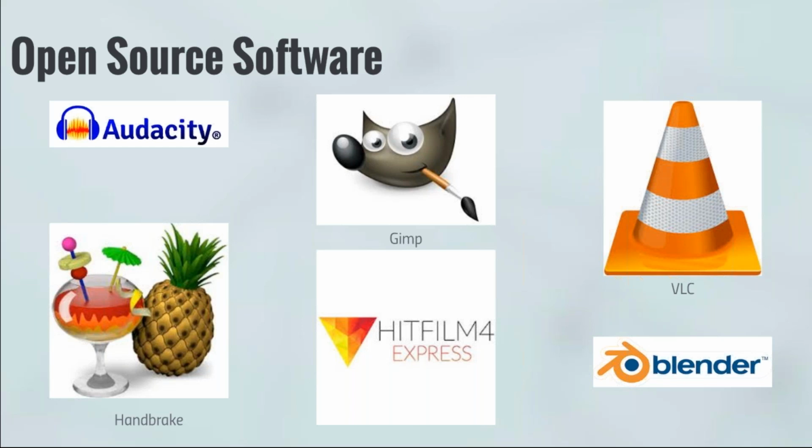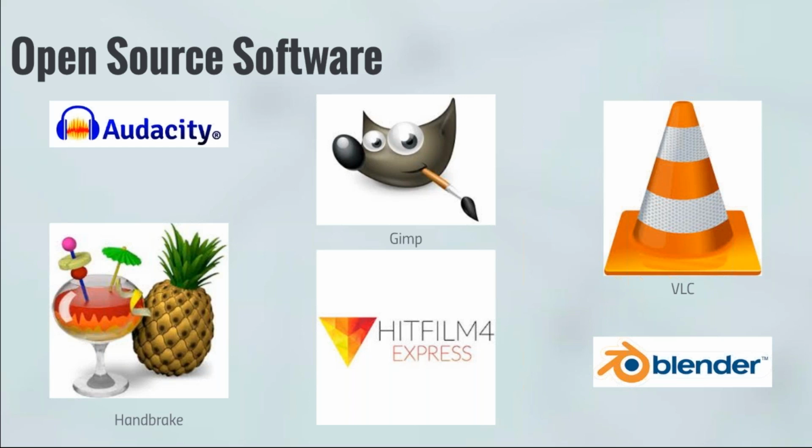VLC, which most people do know about, which is basically a video player. So if you ever have a video that you've recorded or someone's given you, and for some reason, whatever you're trying to put in an edit suite, if it won't go in there and it says error or something, if VLC player can't play it, you know that that video is now corrupted, and you'll have to get another one basically.